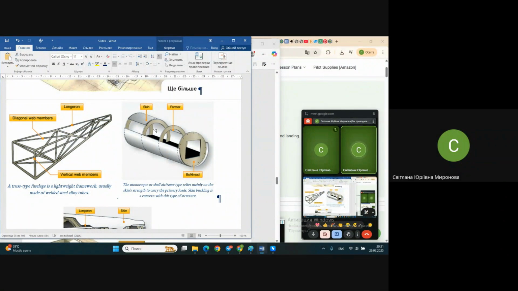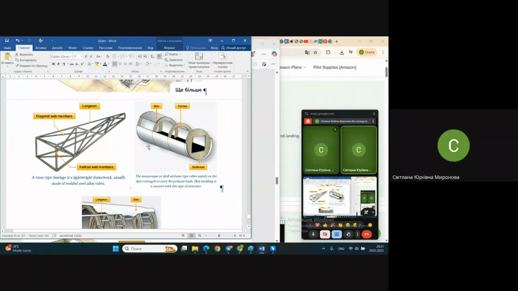Usually it comes about in nose sections of fuselages where we have some tricky shape but not many loads. Monocoque structures usually have neither longitudinal nor even transversal elements, but in this picture you see they have only transversal elements. Okay, that one also may be called monocoque.